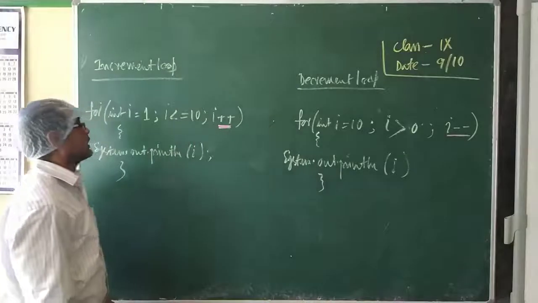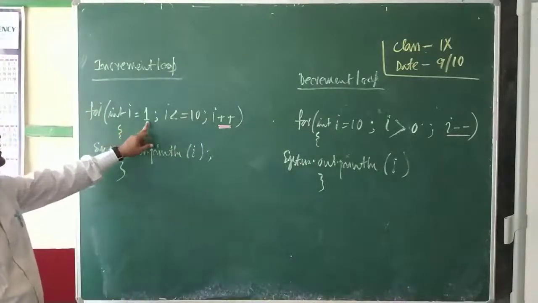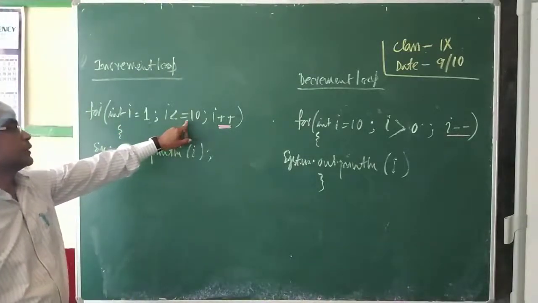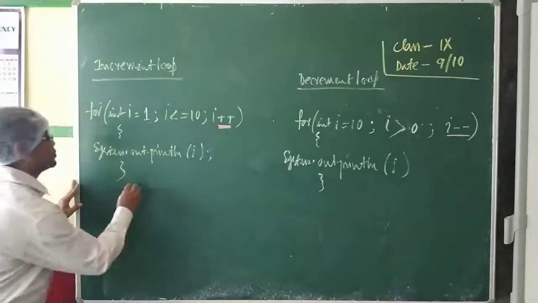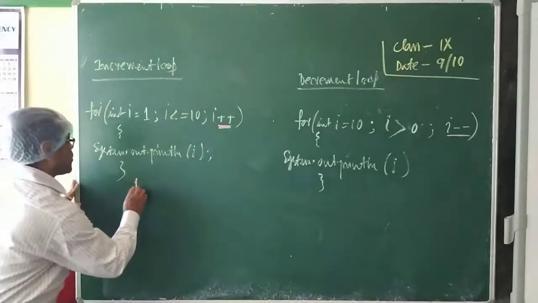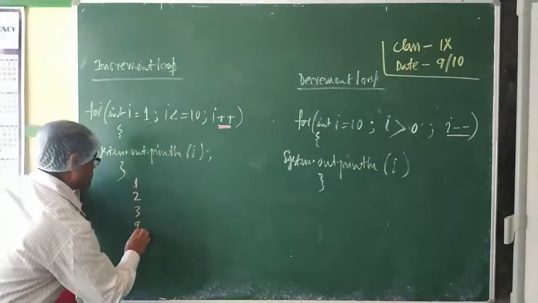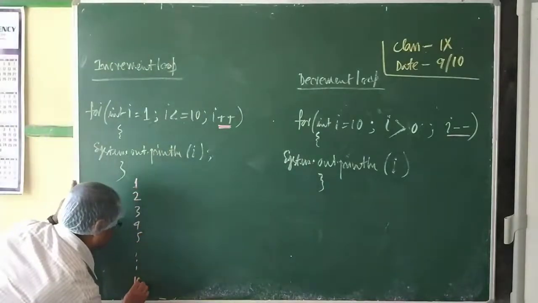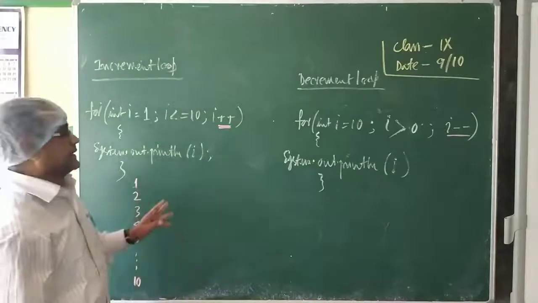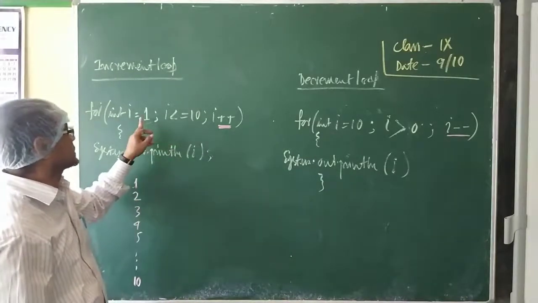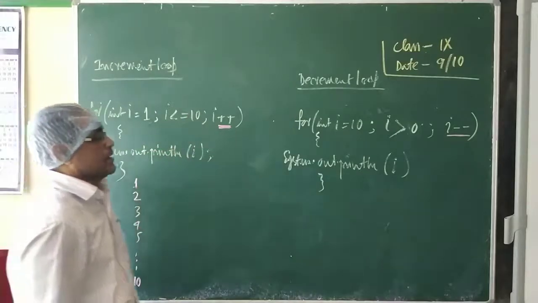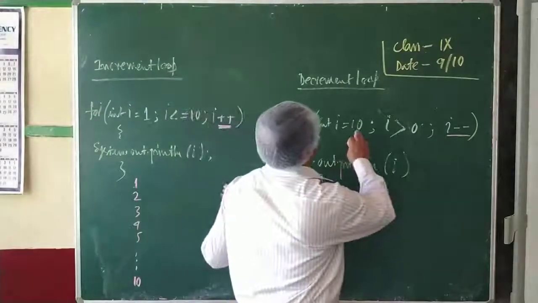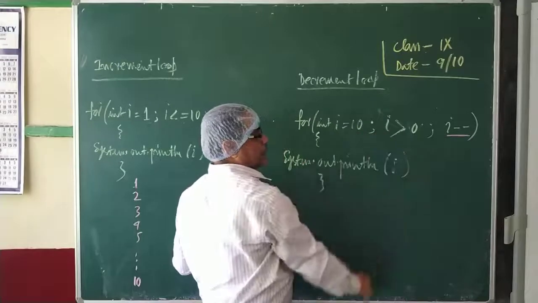Now you see what we are using: int I equal to 1, I less than equal to 10, I plus plus. Just now we have done this, and it will give you the output 1, 2, 3, 4, 5 up to 10. It starts from 1 and increases by 1. But in this case, I equal to 10, I greater than 0, and I minus minus.